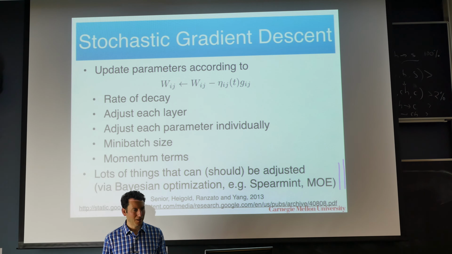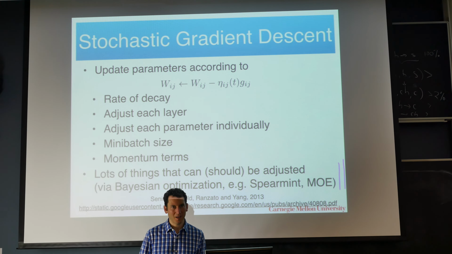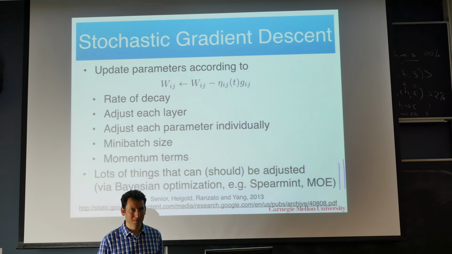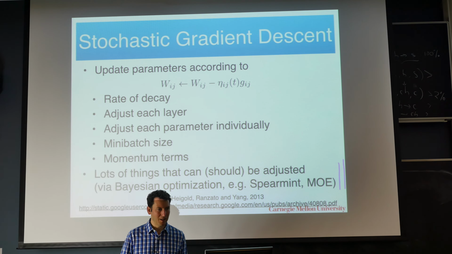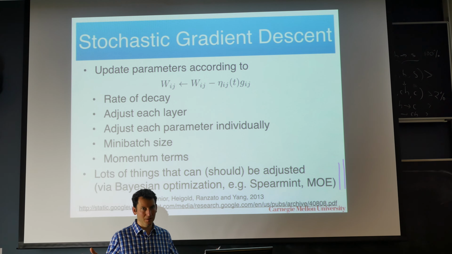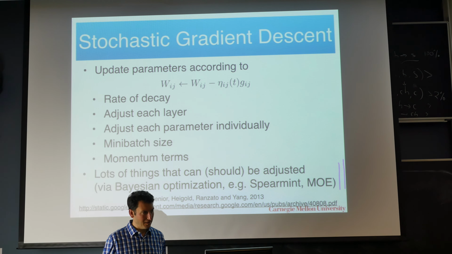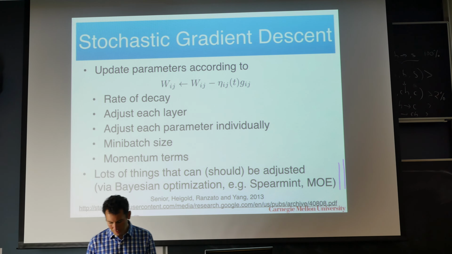And so now you have a couple of issues that you need to address. Well, for instance, how large a step should I take? Should I adjust each parameter individually for that? Should I take larger mini batches? And mini batches simply means that I'm going to take several observations at once and then take an update step after I've seen some of them. Should I use a momentum? And the reason why you may want to use a momentum is if you have an objective function that looks like so, right?